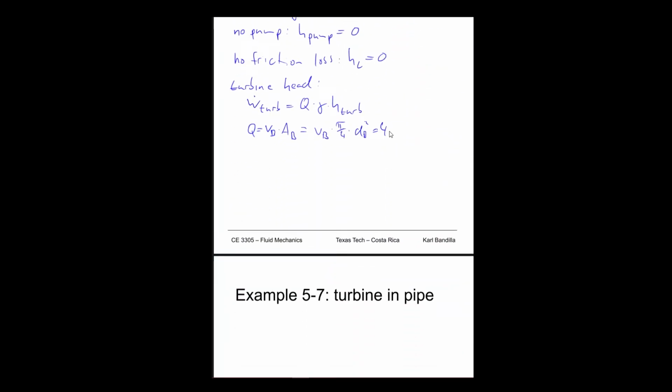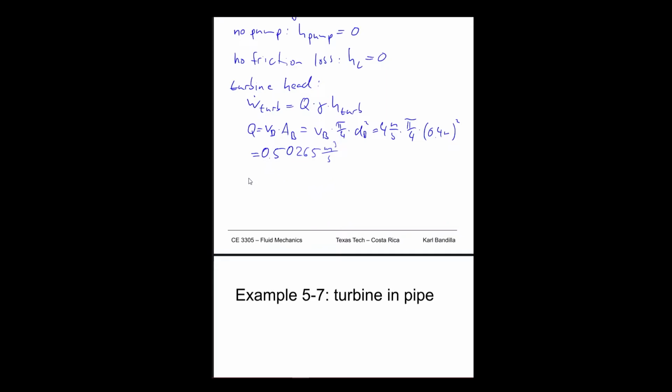So 4 meters per second times pi over 4 times 0.4 meters squared. And that gives me 0.50265 cubic meters per second.